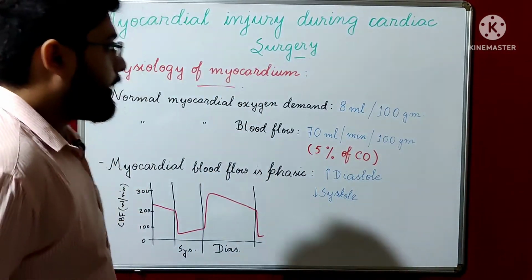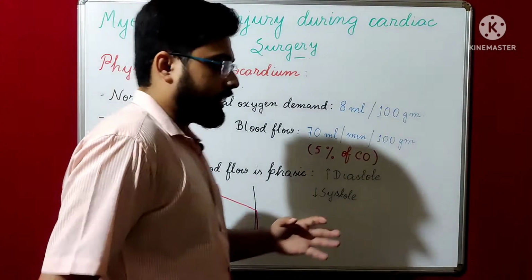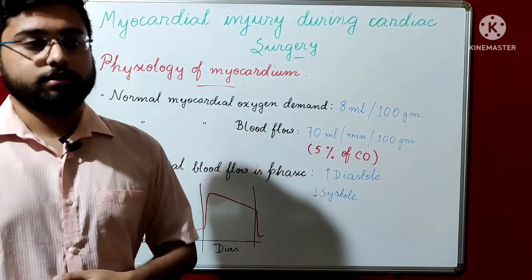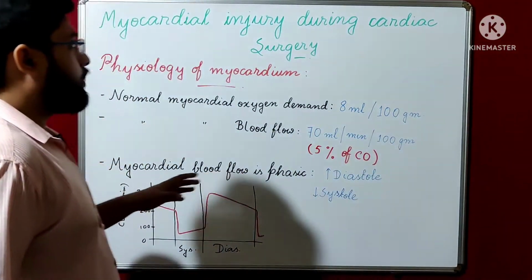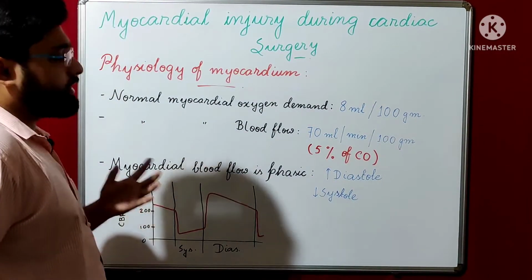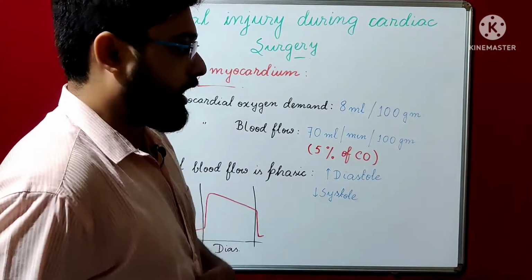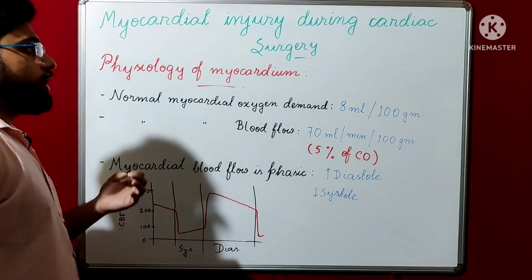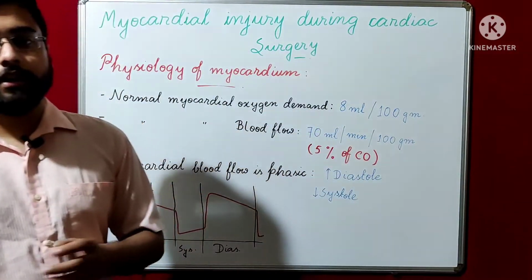The aim of starting this topic is to gradually progress towards the myocardial protection strategies. First we will know what mechanisms cause injury to the myocardium during cardiac surgery, and after that we'll know how to protect the myocardium from those injurious factors.